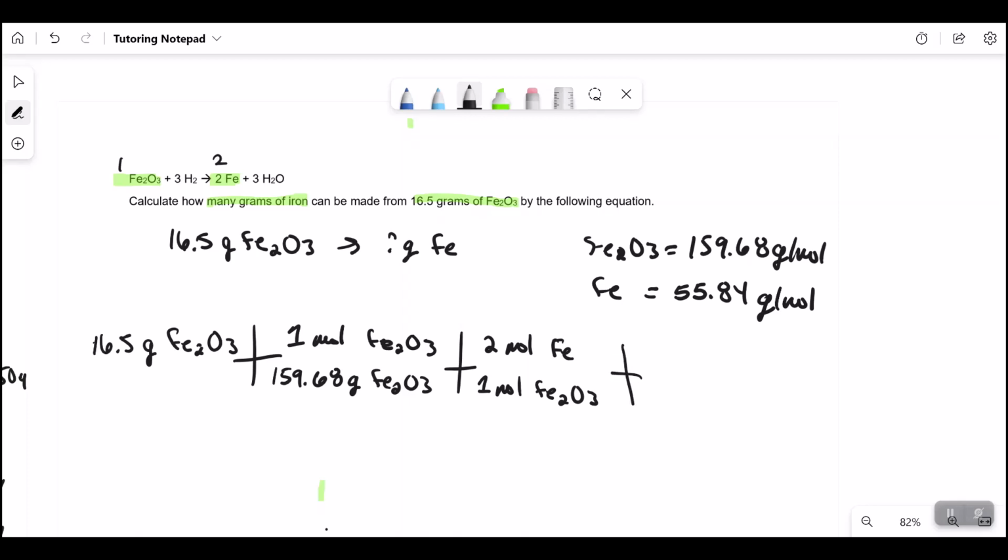And we want our units of moles to cancel so that we're ending in grams of iron. So we look at the molar mass, we have 55.84 grams of Fe to 1 mole of Fe. And when we plug that into our calculator, we should get an answer of 11.54 grams of iron.